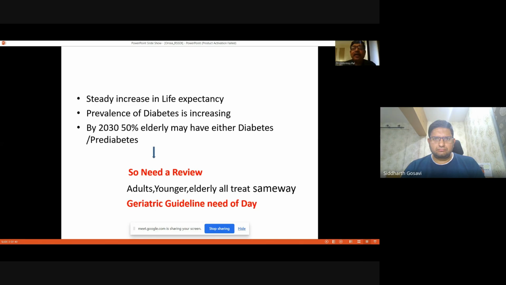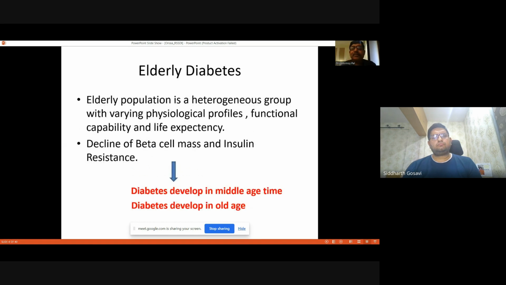So India is harboring a good number of elderly people, almost 30% expected in coming days. The prevalence of diabetes is also increasing. So we need to review whether geriatric diabetics should be treated somehow differently from their younger counterparts.